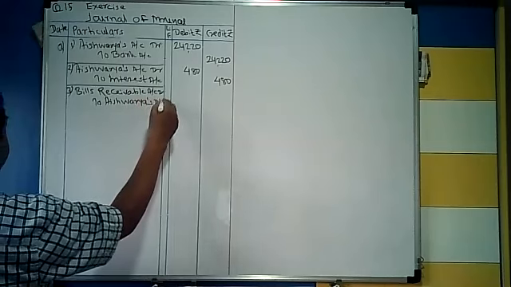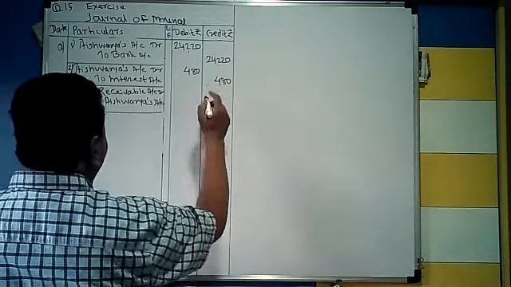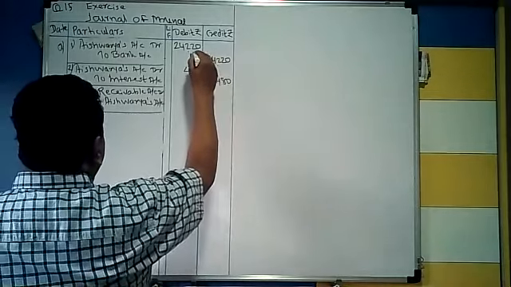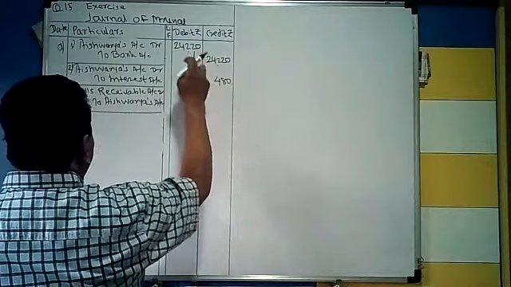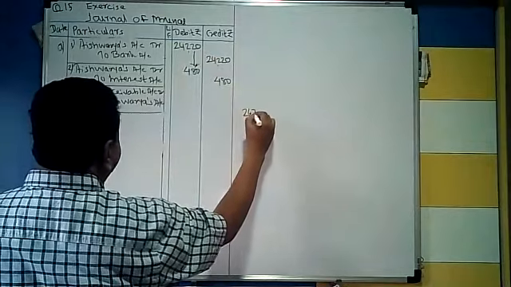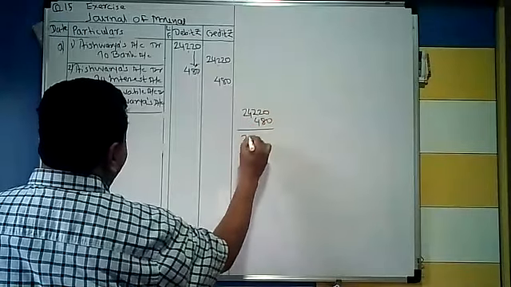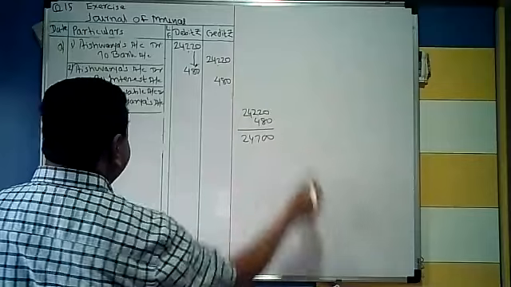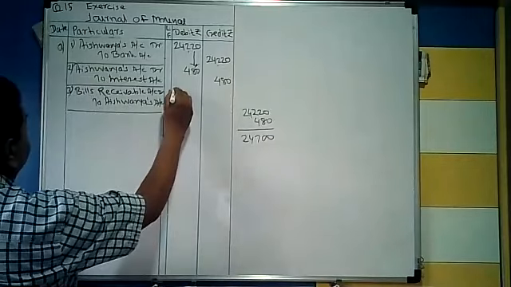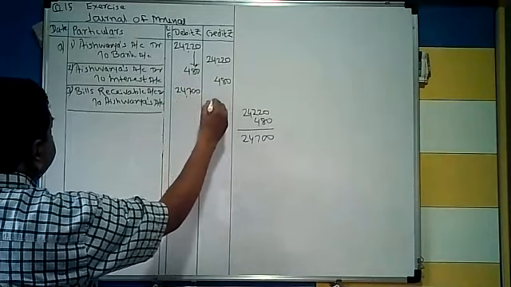To Aishwarya's account. और इसका अमाउंट आने वाला है आपको इन दोनों का टोटल करना है. 24,220 plus 480. So it is 24,700. So the amount of a new bill including interest 24,700.